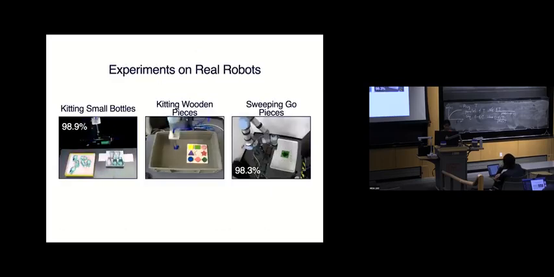And here is a real experiment. And as you see here, when you place the little bottles, you really need to worry about orienting them in the right way on the bag. Same way with the pieces, okay? And the go positions.